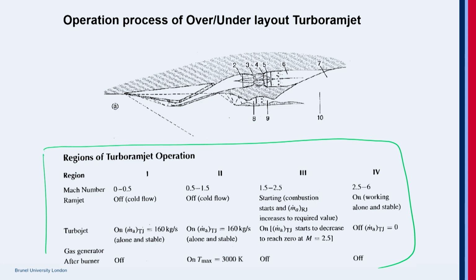Now here the flow will get into the engine inlet, compressor, combustor, turbine, and then afterburner, then you have the expansion in the nozzle.